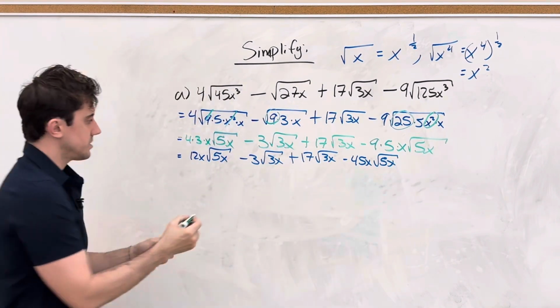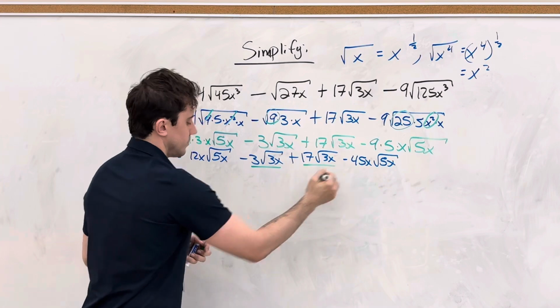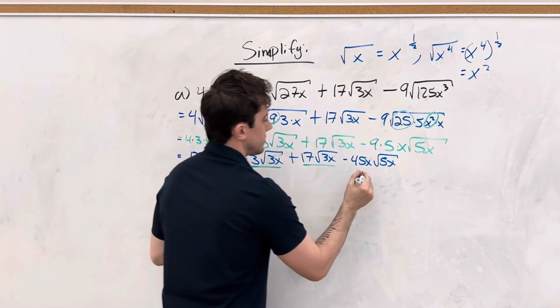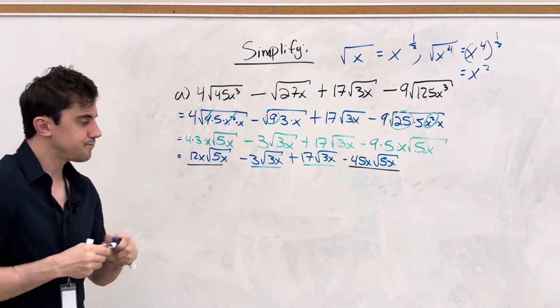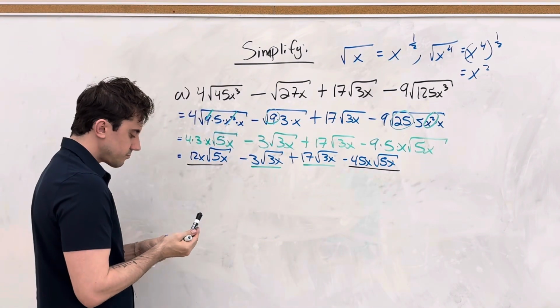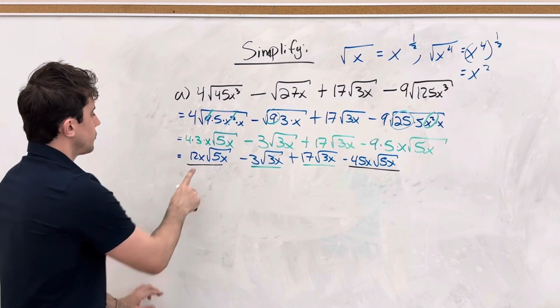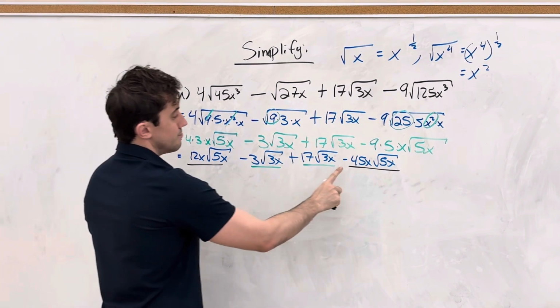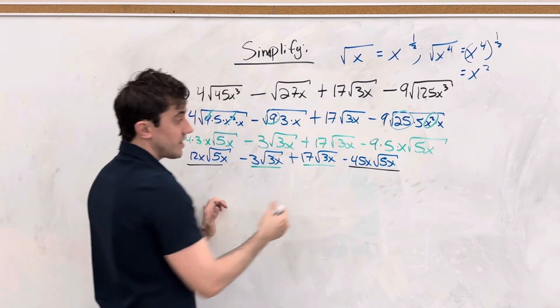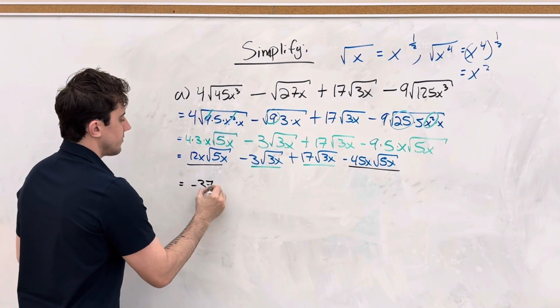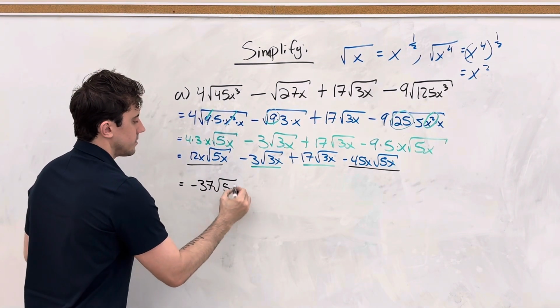You can combine those, right? These two will go together, and I'll use a different color. The 5x under the square roots will go together. And so in the end, you'll end up with 12x root 5x minus 45x root 5x. Together, that'll be negative 37 root 5x.